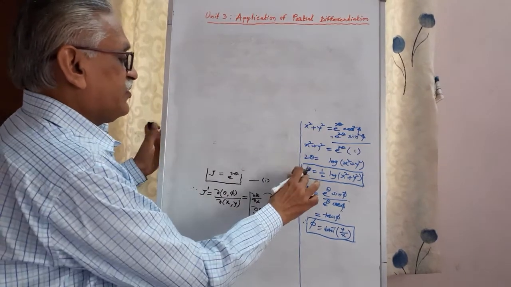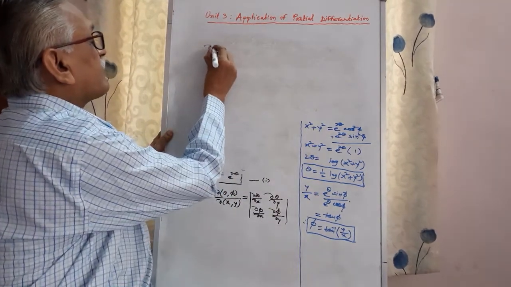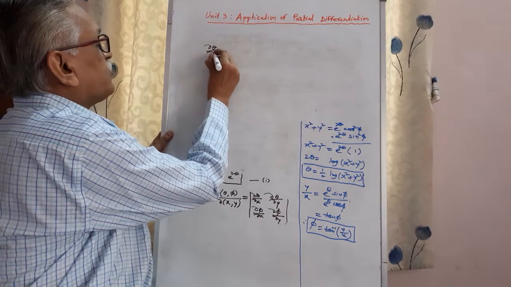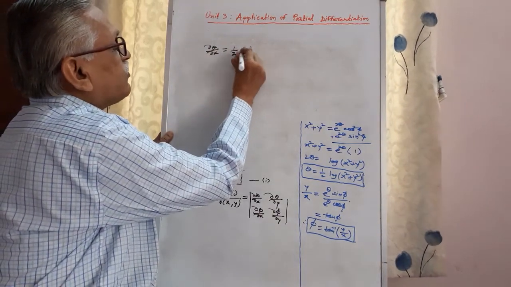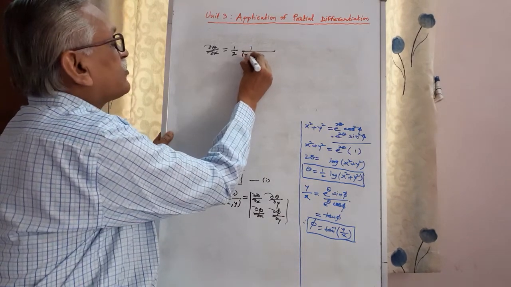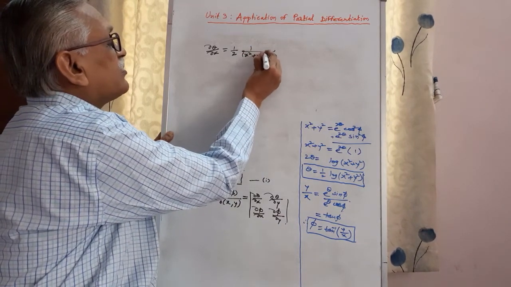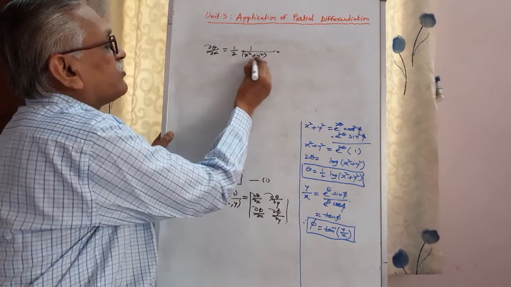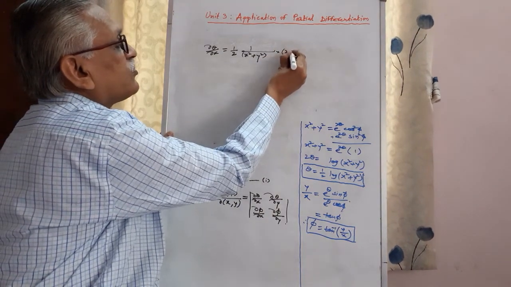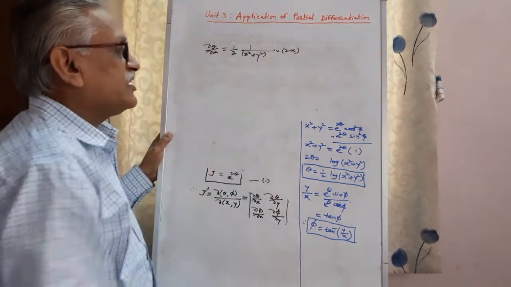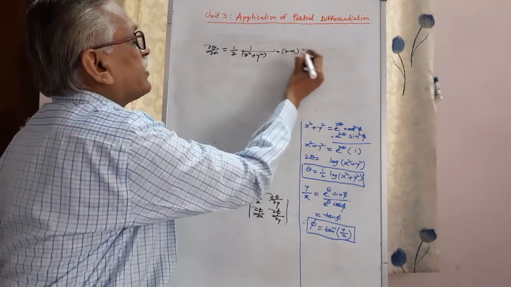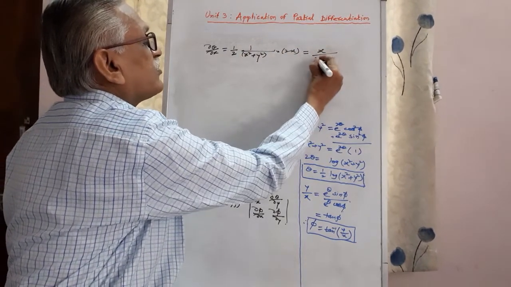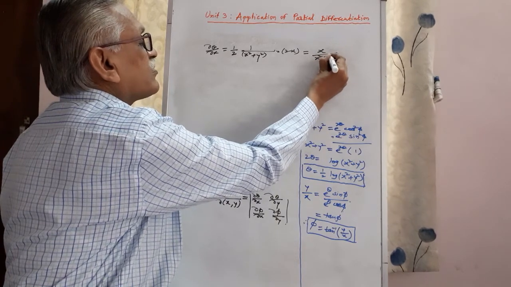Therefore, differentiating theta with respect to x, 1 by 2 constant, derivative of log is 1 upon x square plus y square, chain rule, derivative of this term with respect to x is 2x, y constant, its derivative is 0. Simplify it, we get 2 to get cancelled, it is x upon x square plus y square.